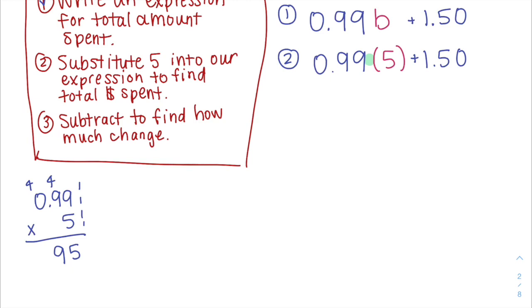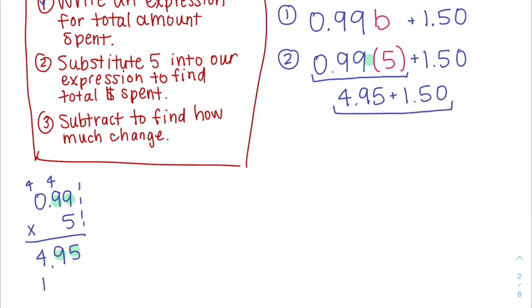Carry the 4. And 5 times 0 is 0, plus the 4, 4. 2 digits are behind my decimal here, so I need 2 digits behind my decimal in the answer. So 99 cents times 5 is going to give us $4.95. Then I bring everything else down.